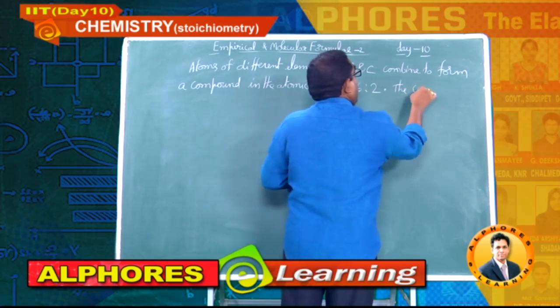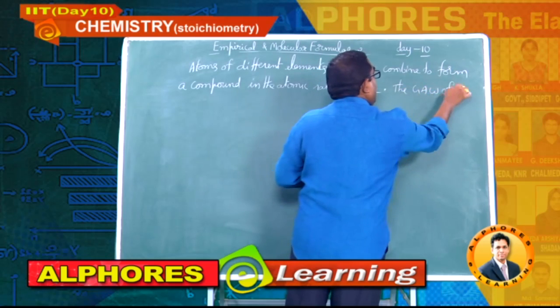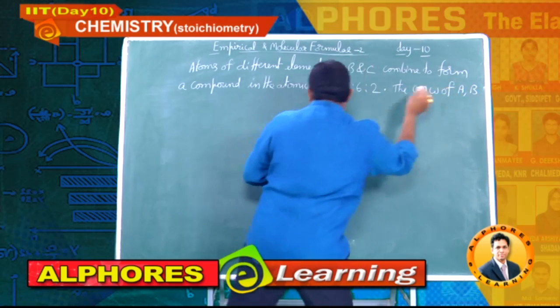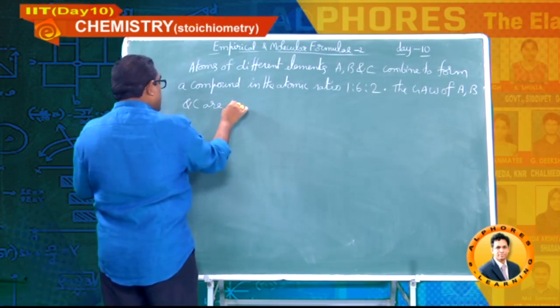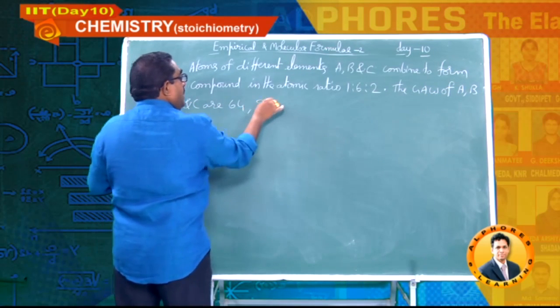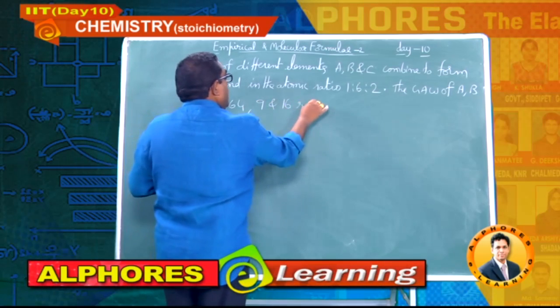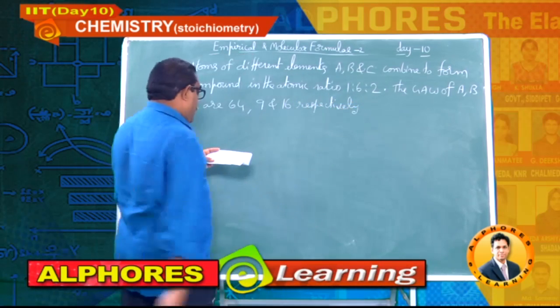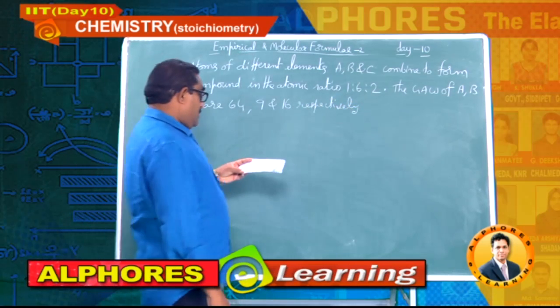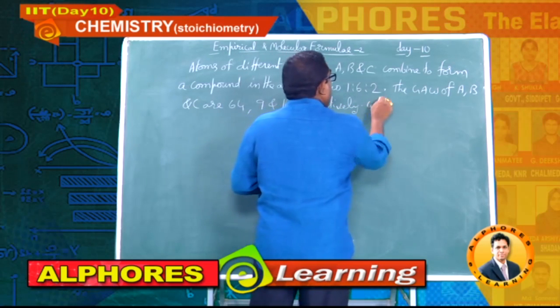The GAW, gram atomic masses of A, B and C are 64, 9 and 16 respectively.